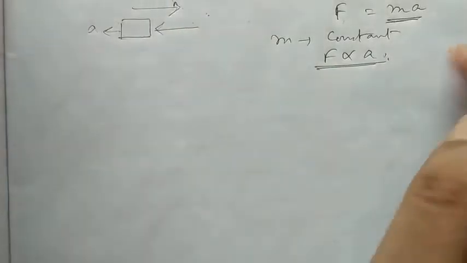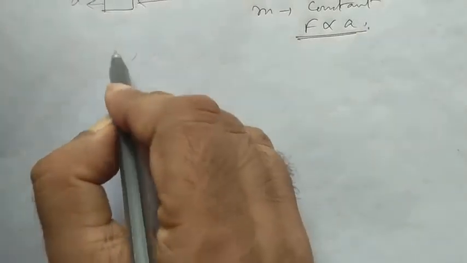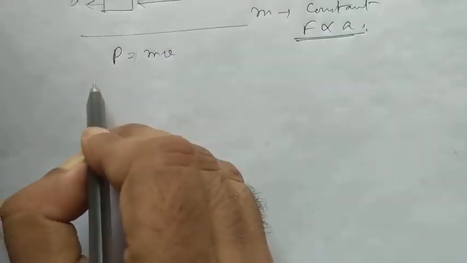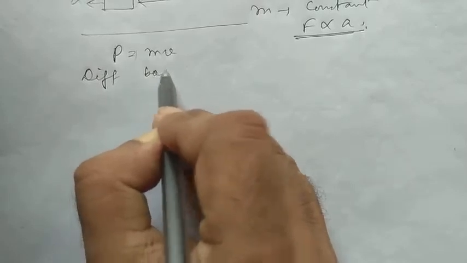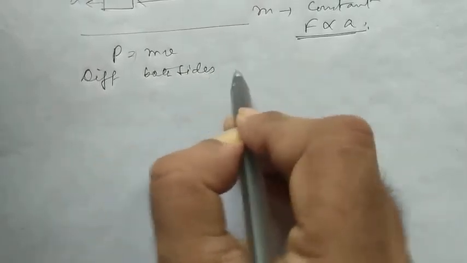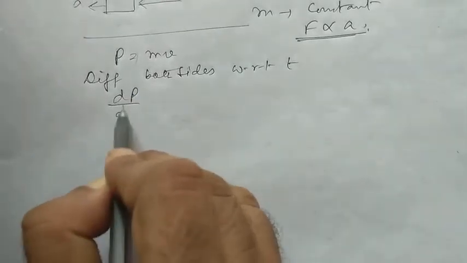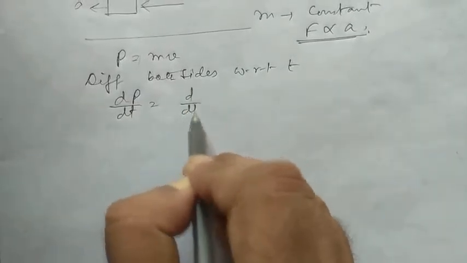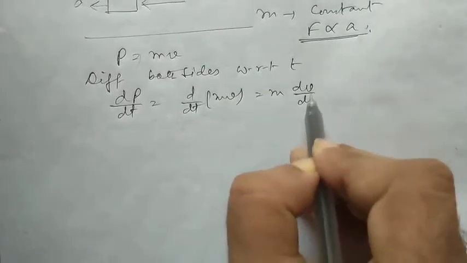We can also prove this with the help of calculus. Suppose p is equal to mv. Differentiating both sides with respect to time t, dp by dt is equal to d by dt of mv. m is a constant, so m dv by dt.